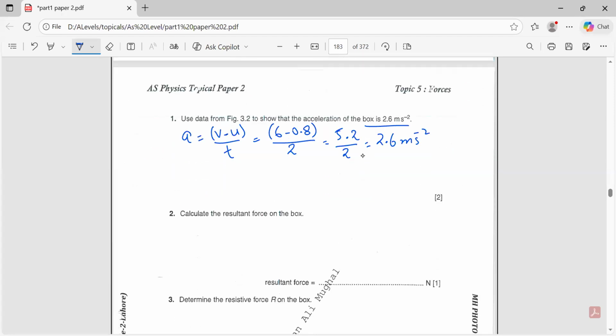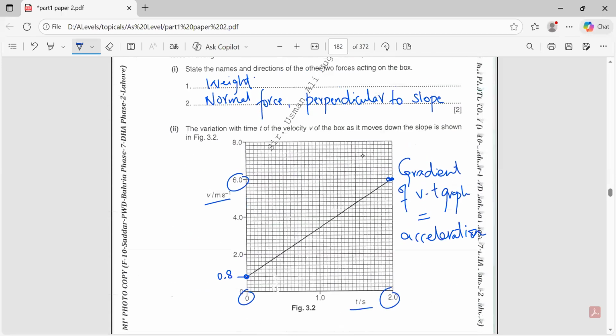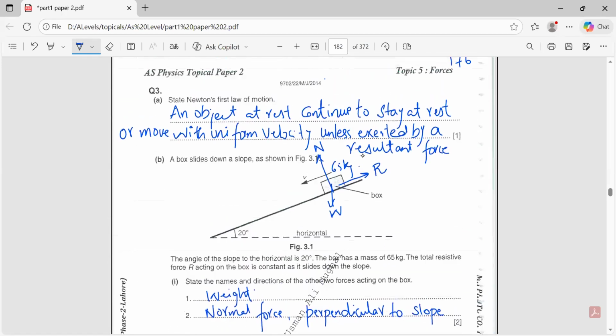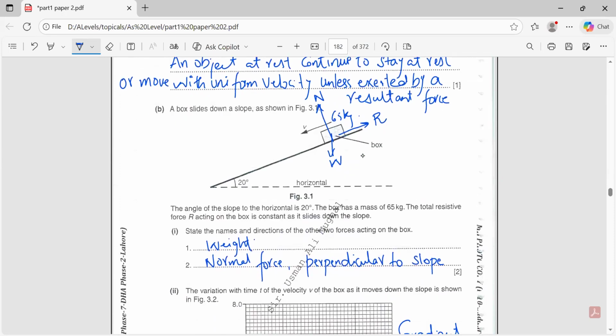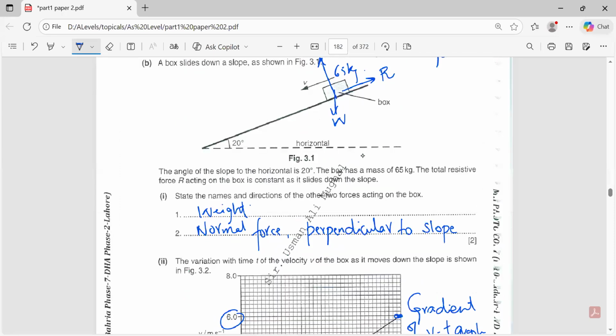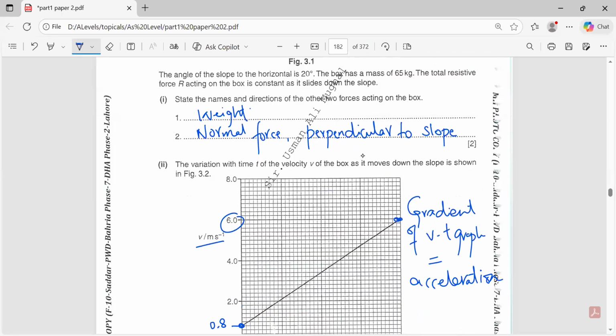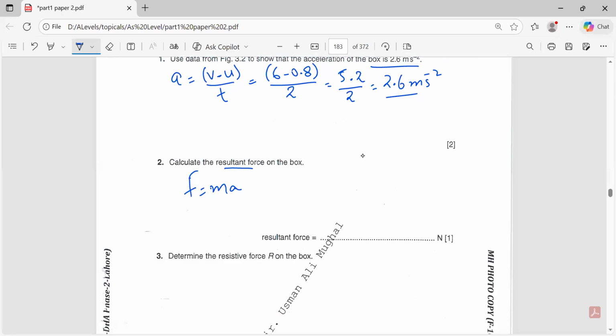Next question says you need to find the resultant force. How do you find the resultant force? F equals ma. Force is equal to mass times acceleration. You have the acceleration from the above part, and you have the mass given in the question. What is the mass given in this whole question? The mass is 65 kg.